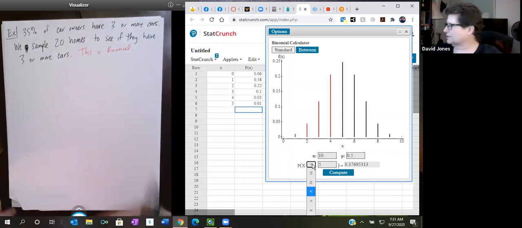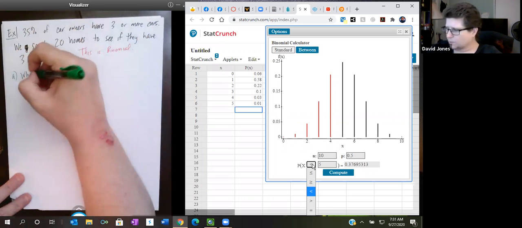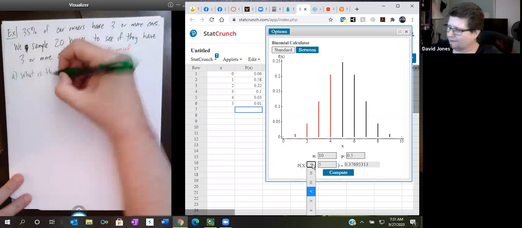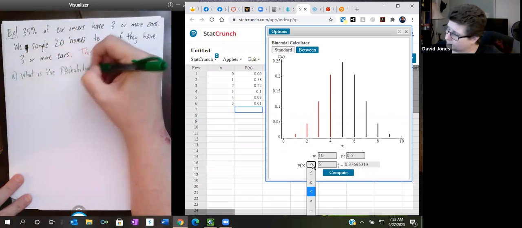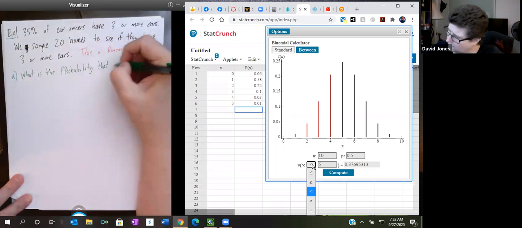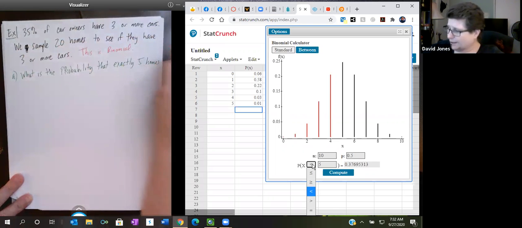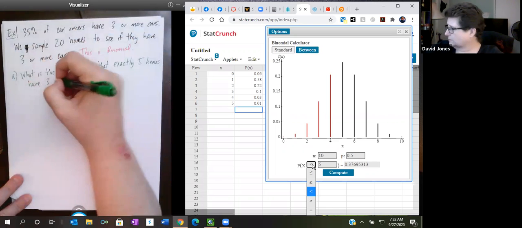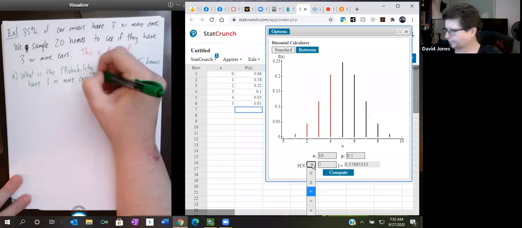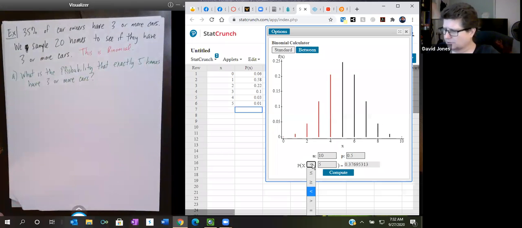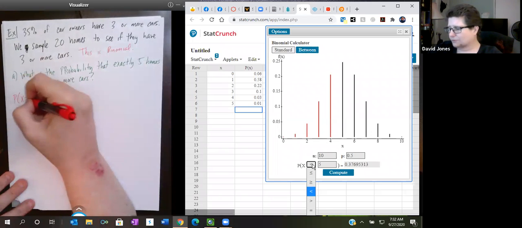And what are some things we could ask? We could say something like this. What is the probability that exactly 5 homes have 3 or more cars? What I'm doing here is I'm calculating the probability that x equals 5.